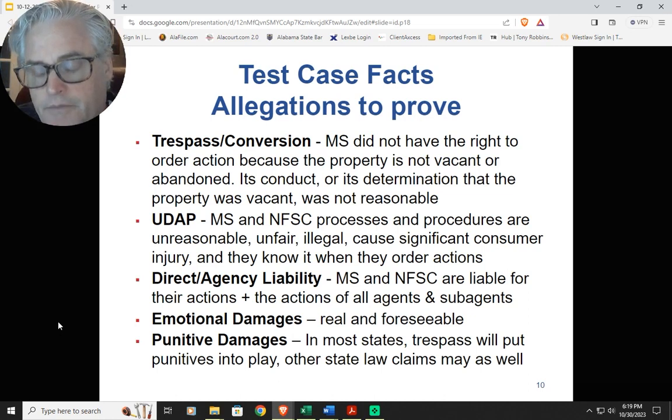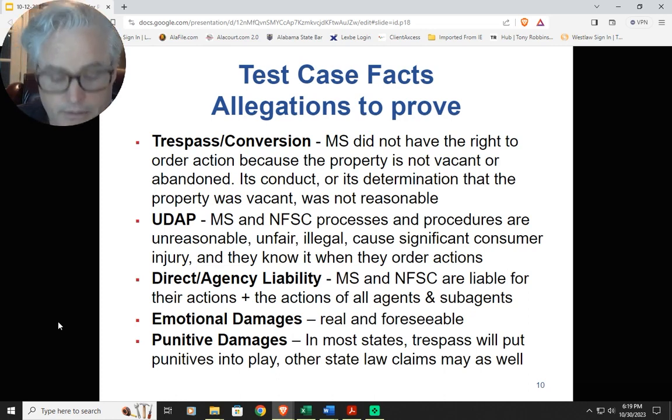Under the Unfair and Deceptive Acts and Practices, we talk about the idea that the process and procedures are unreasonable, unfair, illegal, they cause significant consumer injury, and the mortgage servicer and the National Field Services Company know that those things occur when they order these actions.